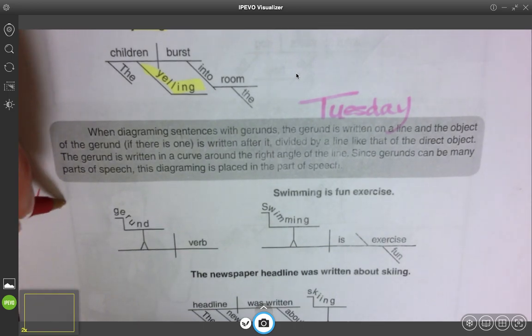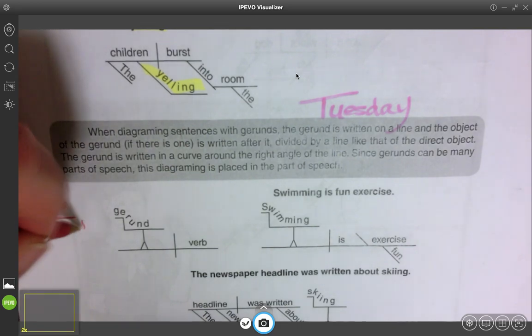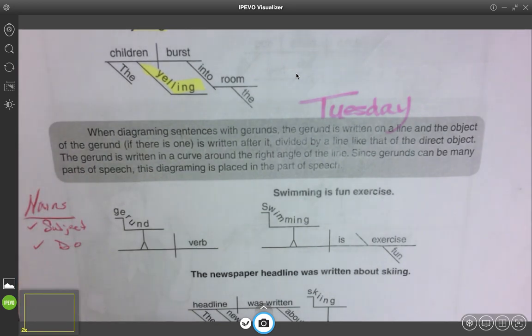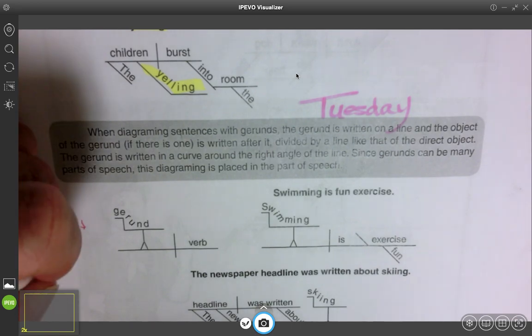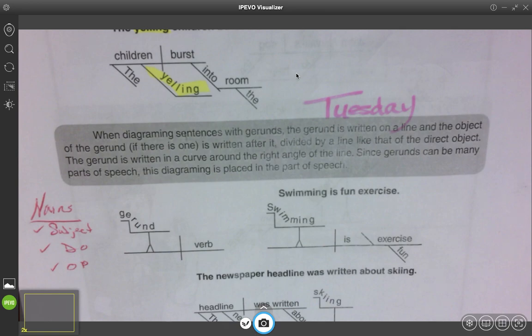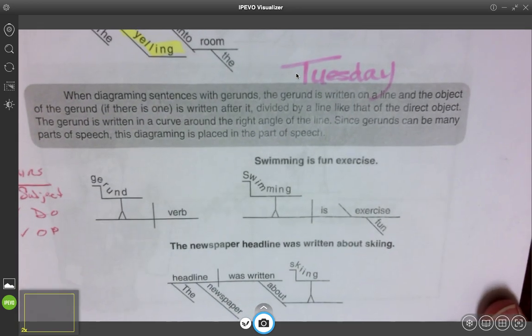These nouns can be the subject of the sentence. These nouns can be the direct object of the sentence. They also could be the object of the preposition, as we're going to see in one of our sample sentences. Let's take a look at them.